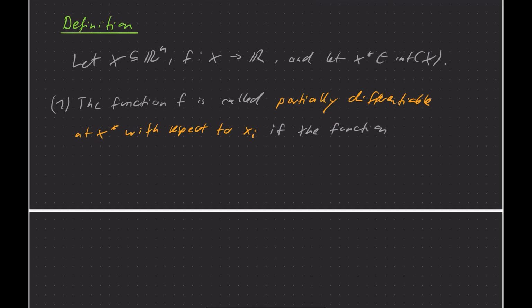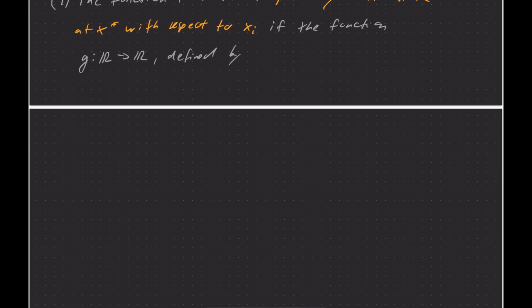the function g, we'll define the new function from R to R, defined by g of lambda equals f of x star plus lambda times ei, the unit direction i, so moving in the xi direction. And you can write this more explicitly here.